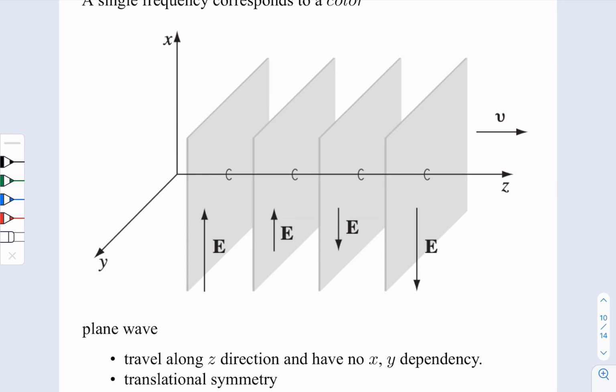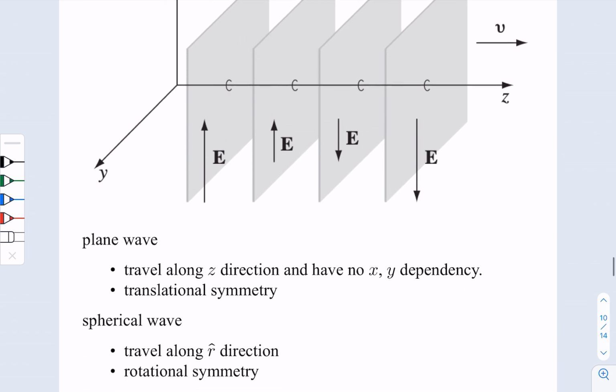This is one of the simplest cases of a wave, and it is called a plane wave because the wave equation along x and y has a translational symmetry. So the wave function doesn't depend on the coordinates x and y, and it's only fixed by the momentum or the propagation direction along the z direction.